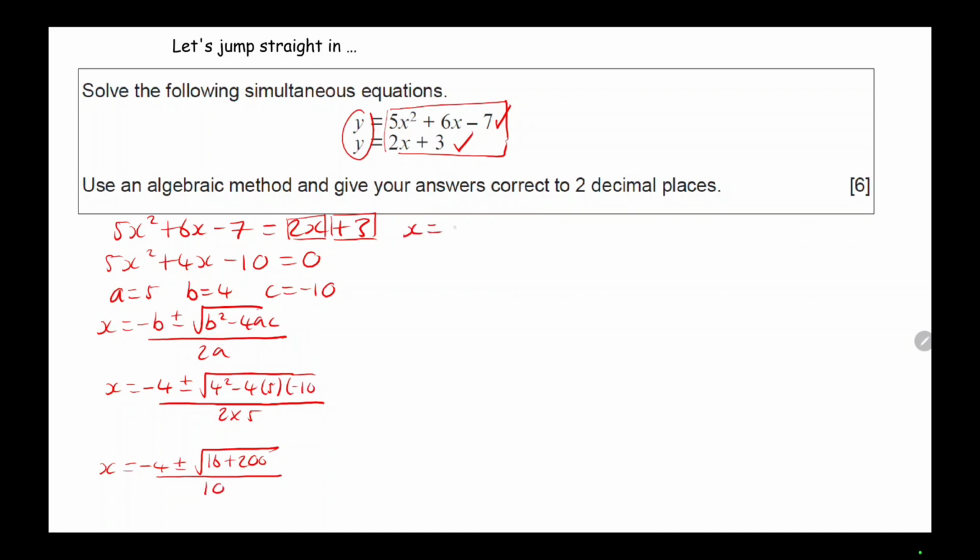Finally, x equals minus 4 plus or minus root 216 over 10.